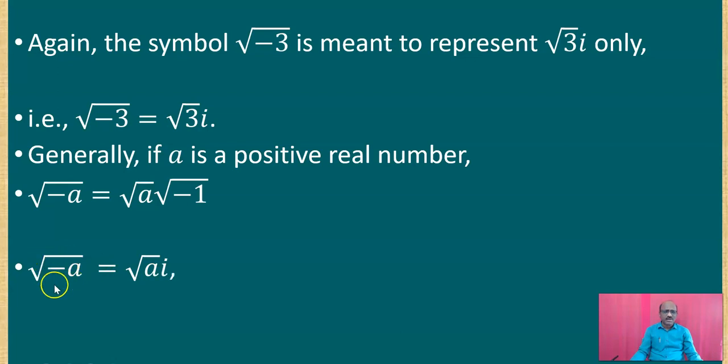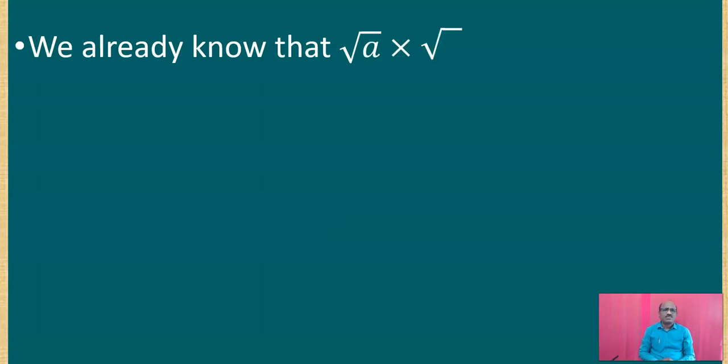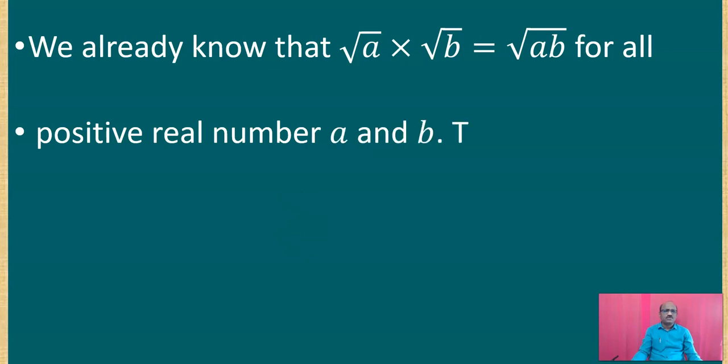Therefore, root of minus a is equal to root a into i. We already know that root a into root b is equal to root of ab for all positive real numbers a and b.